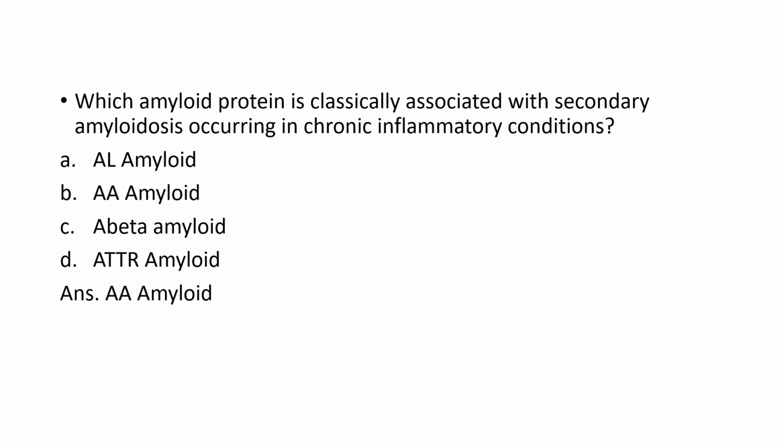Now the remaining option is AA amyloid, which is seen in chronic inflammatory conditions, because in chronic inflammation there is macrophage activation and stimulation of the liver for the production of SAA, an acute phase reactant, which further aggregates to form AA amyloid.